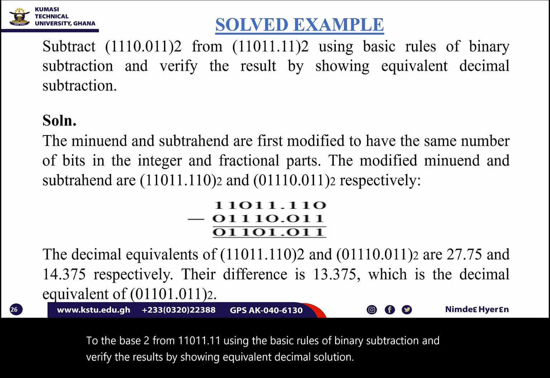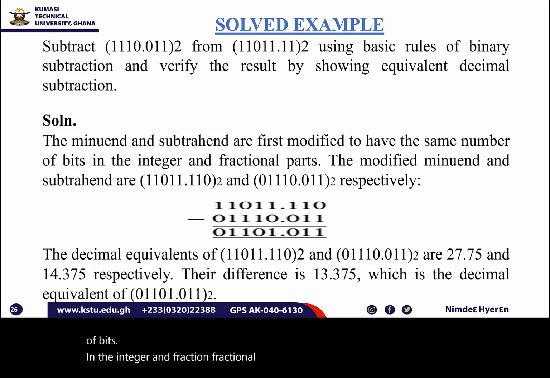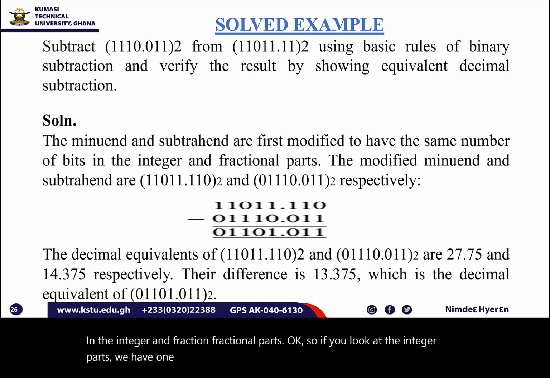Now, the minuend and subtrahend are first modified to have the same number of bits in the integer and fractional parts. Okay, so if you look at the integer parts, we have 1, 1, 1, 0.